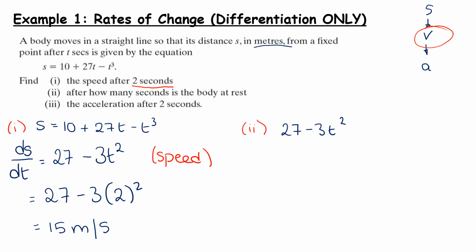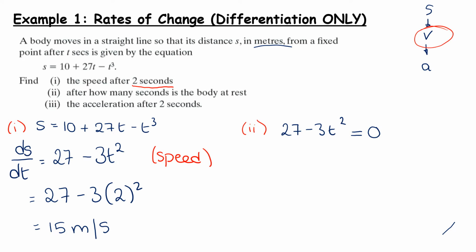If you have something clearly written, like where I've written speed, then you can find it a lot quicker. And this kind of question, it's very short. It's not going to make a huge difference, but with the layout of our exam papers, it's something that will help. So this is saying the body is at rest, so speed is 0.